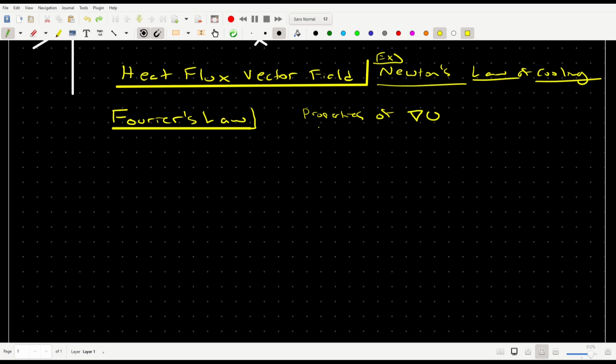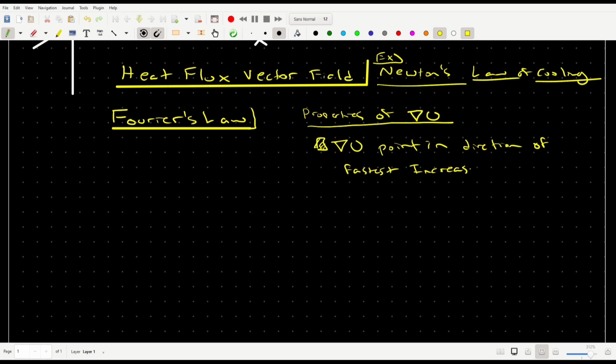We know that the gradient field is always going to point in the direction of fastest increase in the function u. So this is one of the things that we're going to be using.